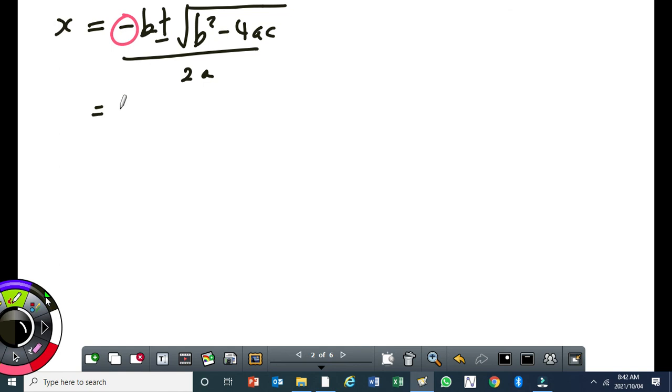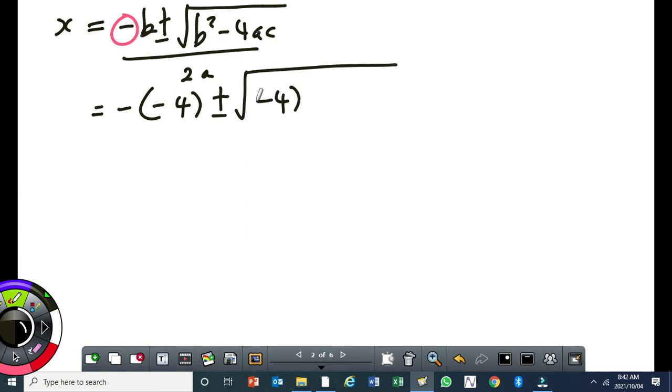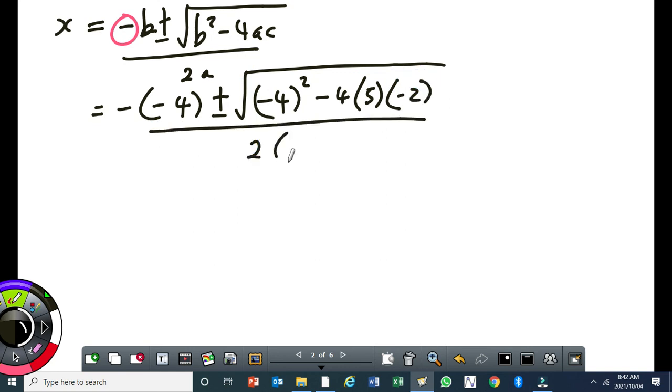So this will be minus 4, plus or minus the square root of minus 4, you put the b in brackets, it's negative, squared, minus 4 times a, which is 5, times c, which is negative 2. This is all over 2 times a, which is 5. There is a mark allocated for this step, substituting correctly into the quadratic formula.